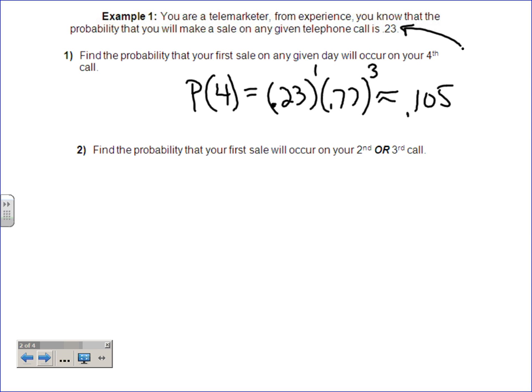Now really, you could look at this problem like this if you wanted to. And I think it helps you with the formula. Let's say first call, what do I want to have happen? Succeed or fail? I want to fail, right? Second call, fail. Third call, fourth call. You agree that's exactly what has to happen. Not that that success can be anywhere, right? That's that combination.